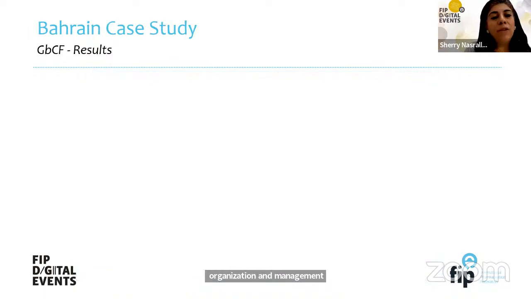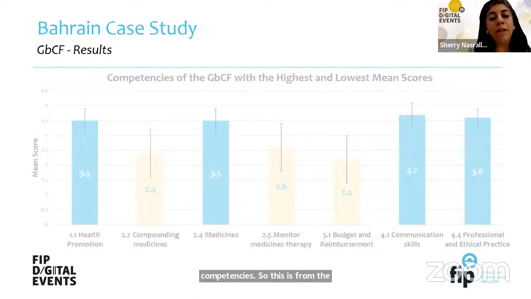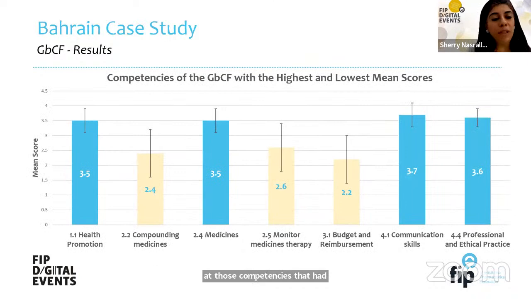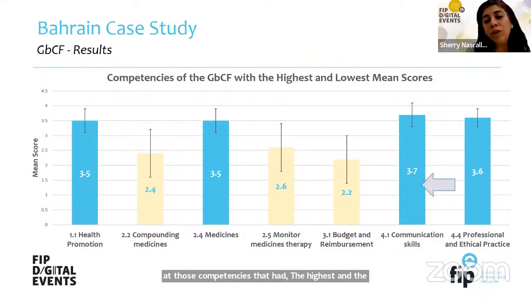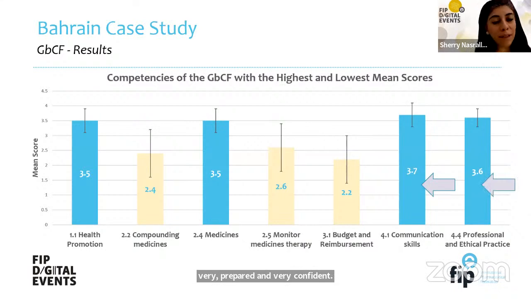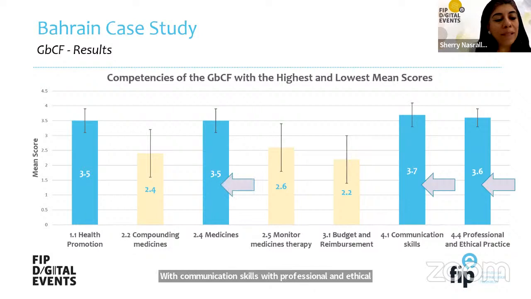When we looked at those competencies that had the highest and the lowest mean scores, we found that our graduates were very prepared and very confident with communication skills, with professional and ethical practice, with the subdomain of medicines, and with the subdomain of health promotion.